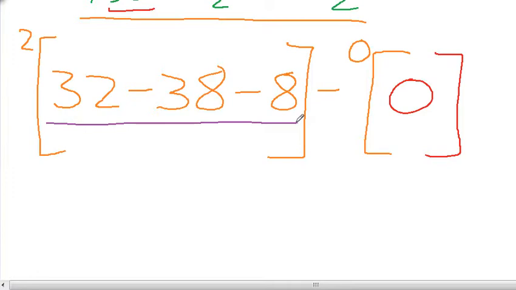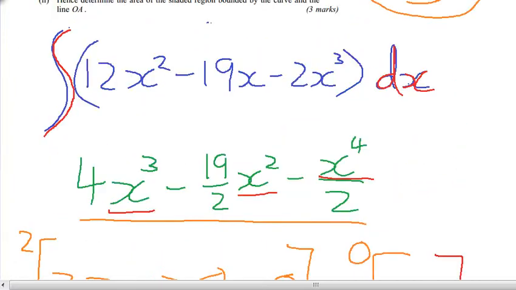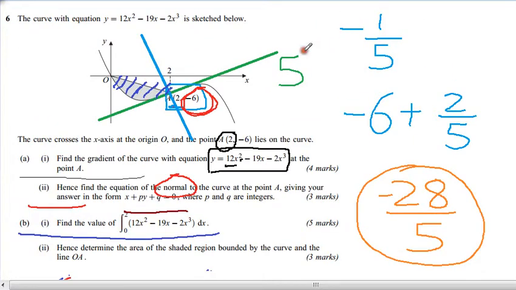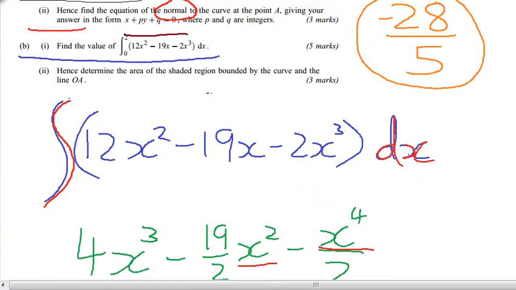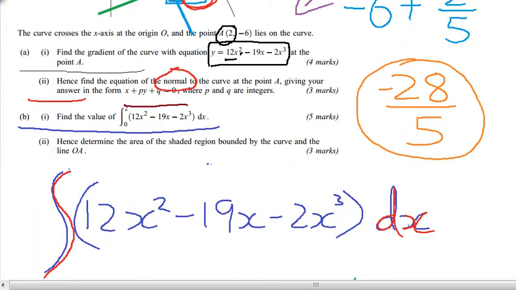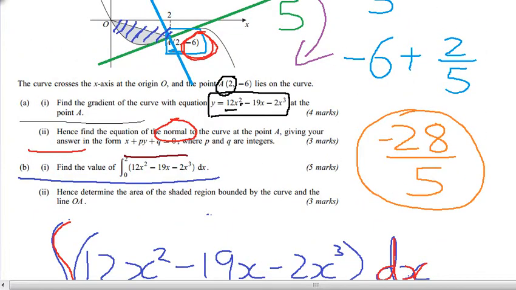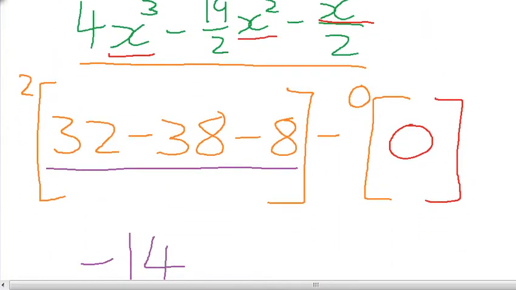Well, it's minus 14. The reason why it's negative, we tried to calculate an area, right? An area under the graph. The reason why it's negative is because it's below the x-axis. So don't worry about it being negative. They've asked you, find the value of this. They haven't asked you what is the area. An area can't be a negative value, but they've asked you what is the value.